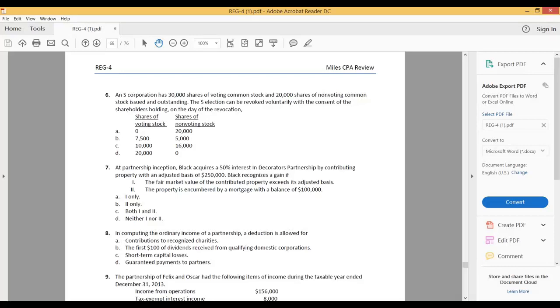Does Black recognize gain in these two scenarios? What's the answer here? Is it a taxable transaction for Black?